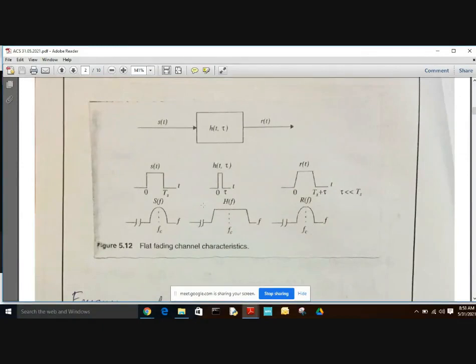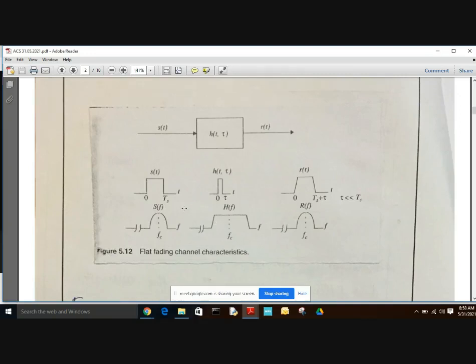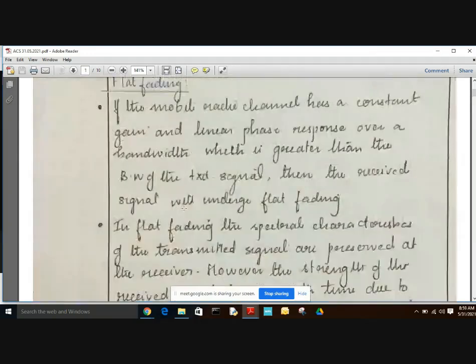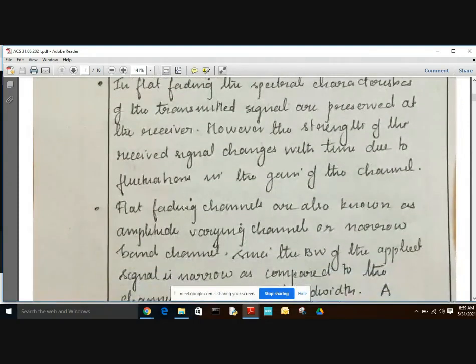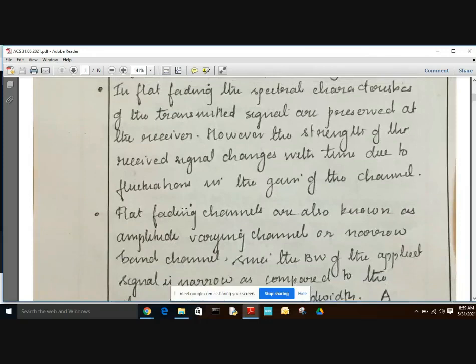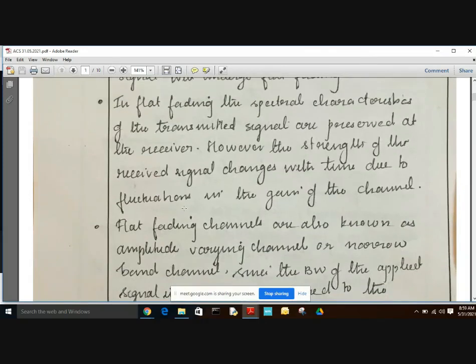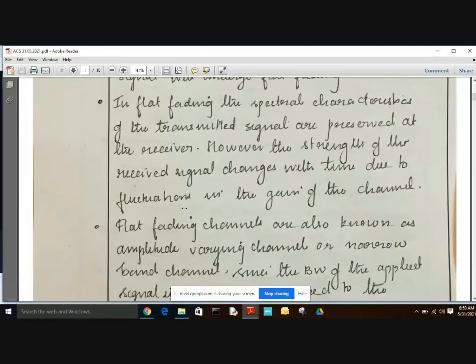We can see that R of F is identical to S of F. All the spectral characteristics of the transmitted signal are preserved at the receiver, that is R of F.